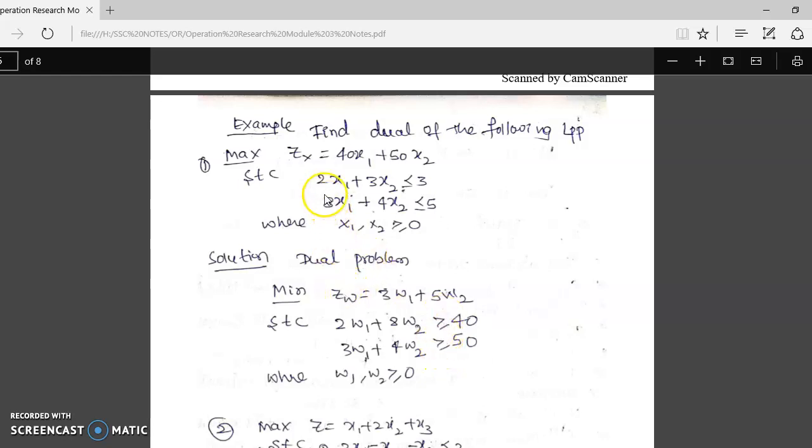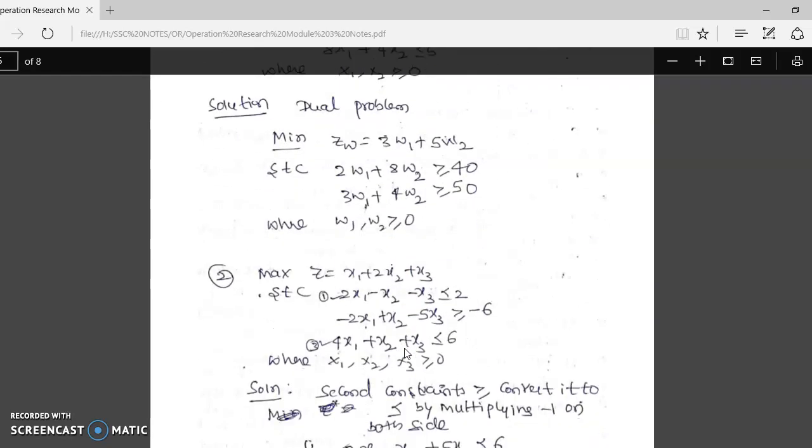Then next step, this first column of values you can consider as a column, so it can be written as 2w1, then 8w2, that is 2w1 plus 8w2. Similarly for the x2 coefficient, 3w1 plus 4w2, that we write.